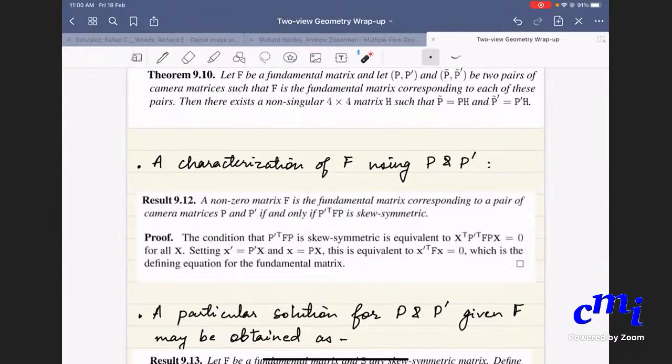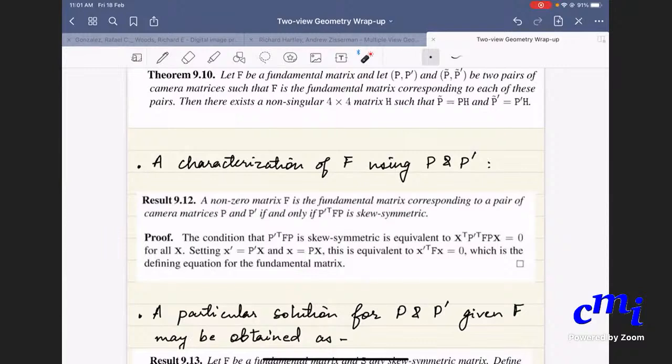Going ahead to that, first we require a characterization of F using P and P prime. Remember, we have a characterization of F using image points x and x prime, namely that x prime transpose F x must be 0 for every image point pair x, x prime.